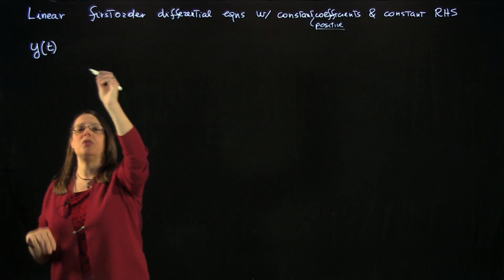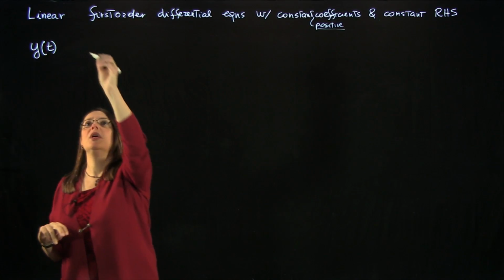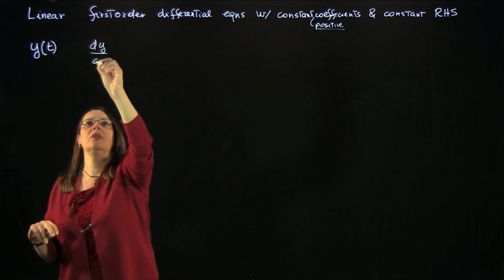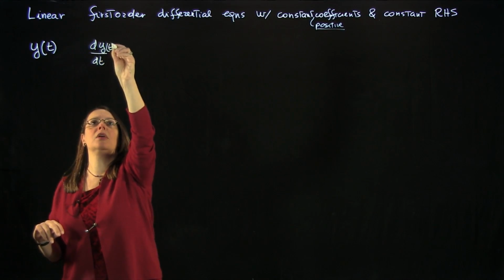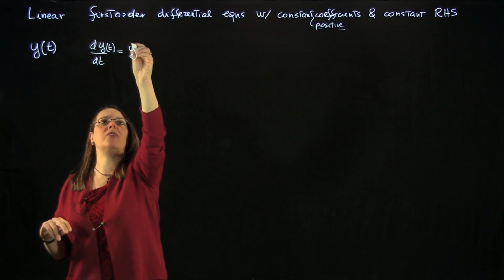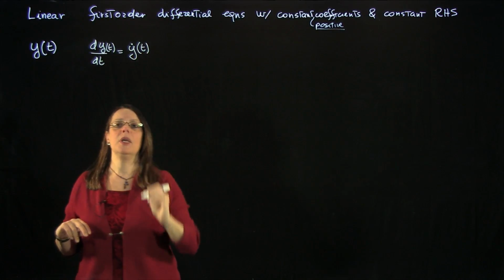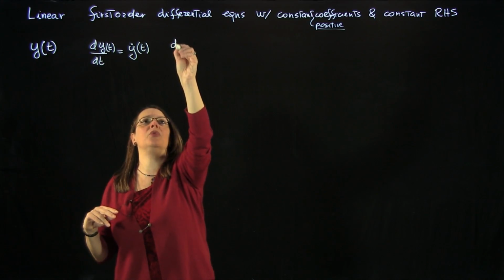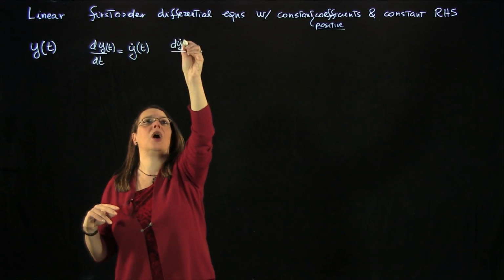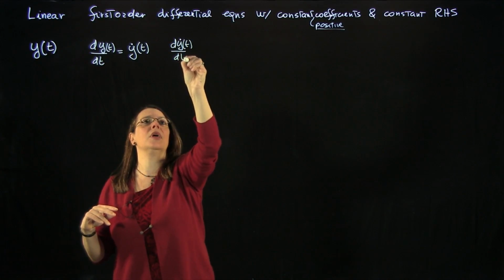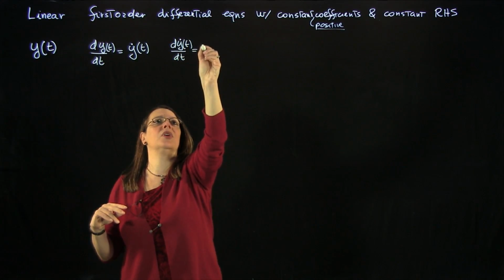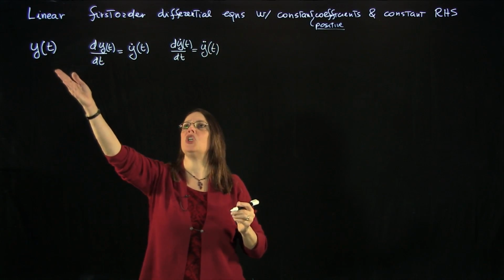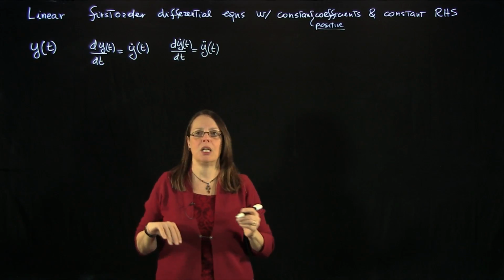Then I can consider not just how the function changes with time, but also how the function's derivative changes with time. That's the first derivative of the function, y dot of t. And I can consider how the derivative of the function changes with time. So if I take d y dot of t over dt, I get the second derivative, y double dot of t. If y is position, this will be your velocity, and this will be your acceleration.